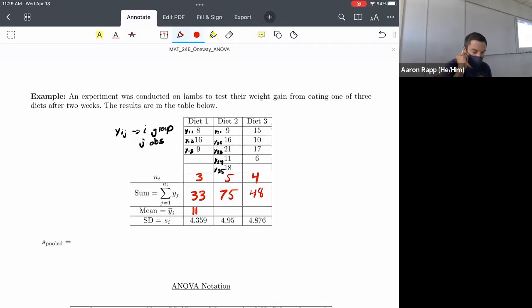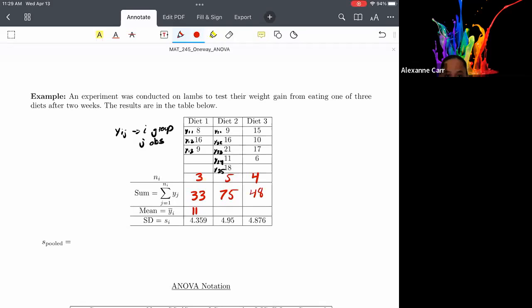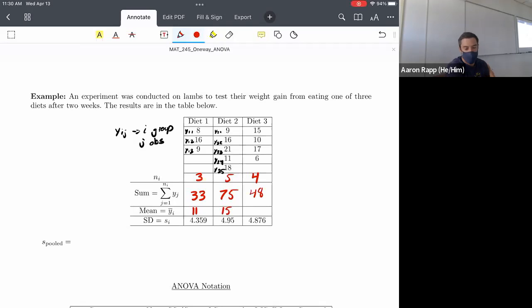What about the mean for the second diet? 15. Take the sum of the observations for the second diet divided by the total number of observations. 75 divided by 5 gives me 15. And then last but not least, what is the mean for the third diet? 12.